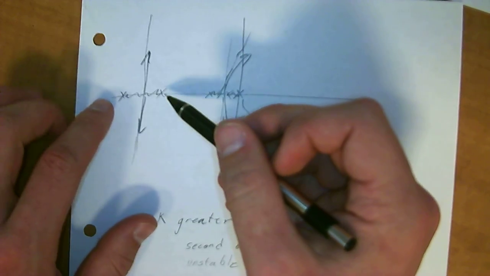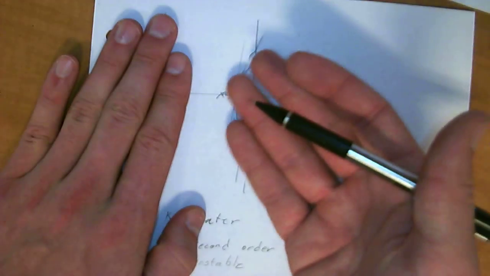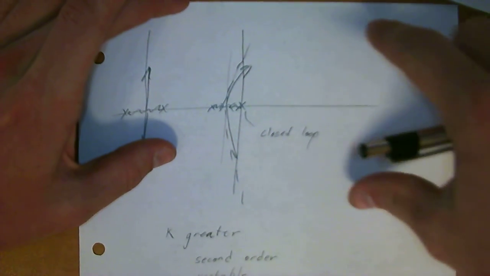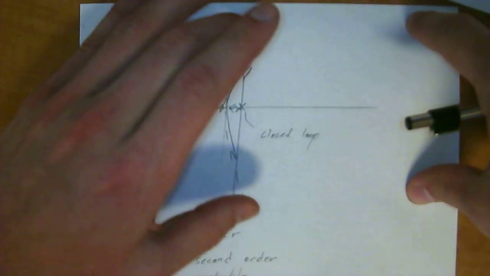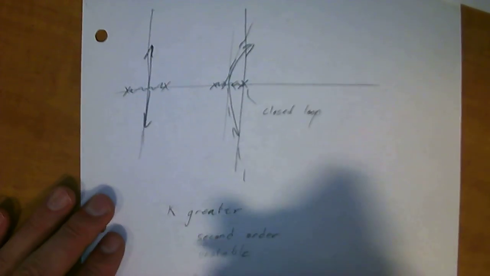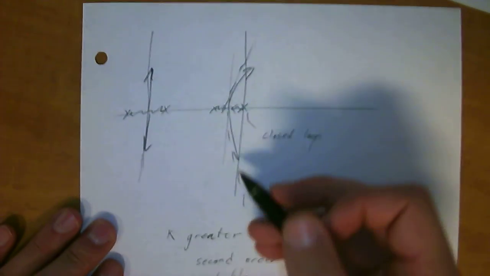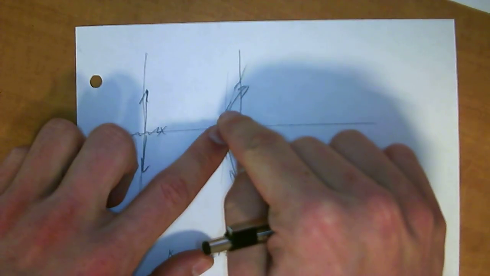But then again, you ignore this part because it's so far to the left. As k becomes greater and greater, these poles move way out here, so the separation from these poles is so great that you can basically ignore them. So if k goes smaller, let me write that, k goes smaller, then you're coming back here and shrinking down to these zeros.